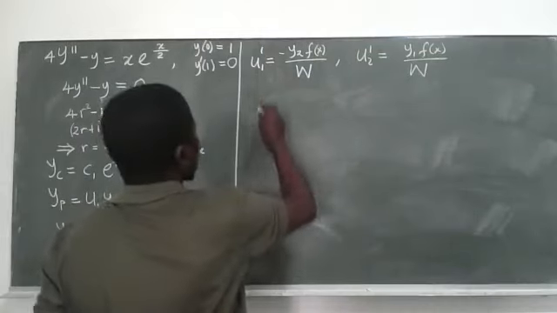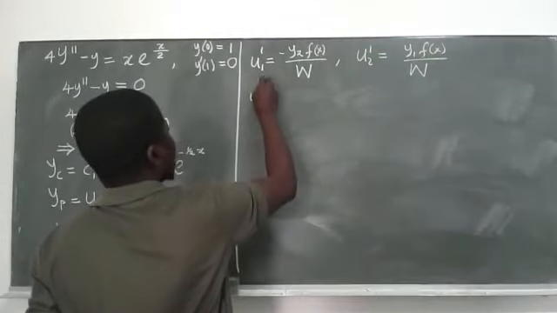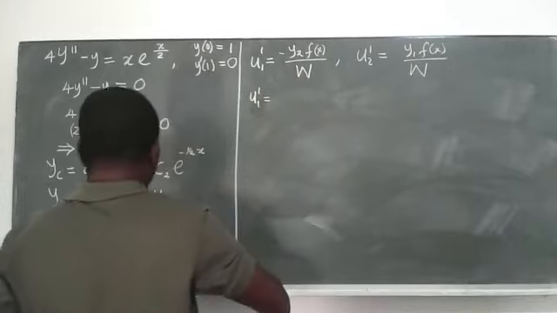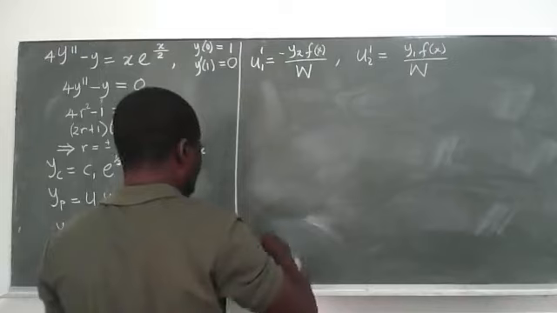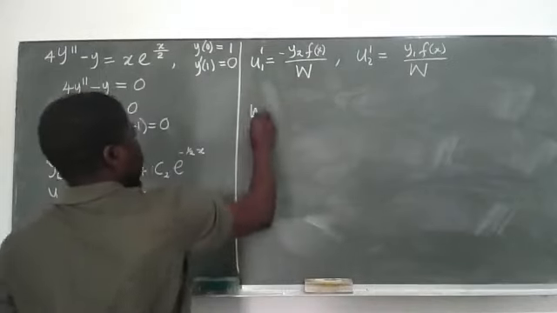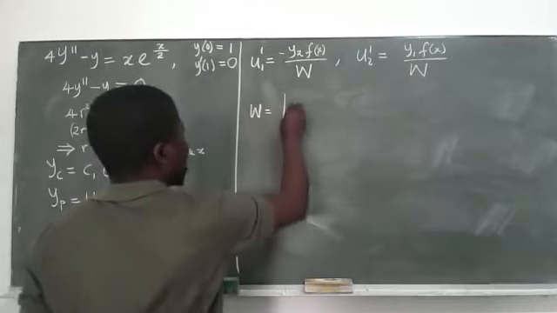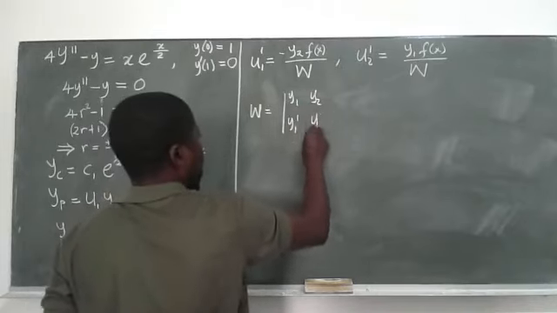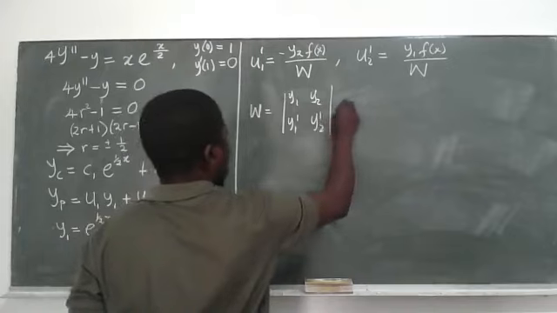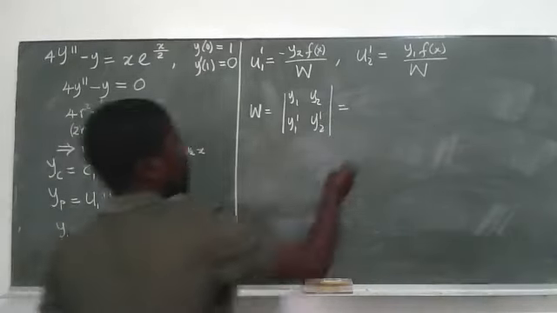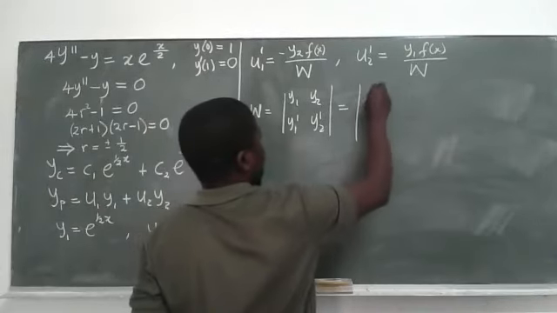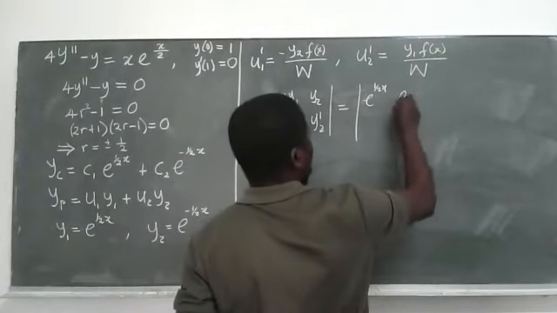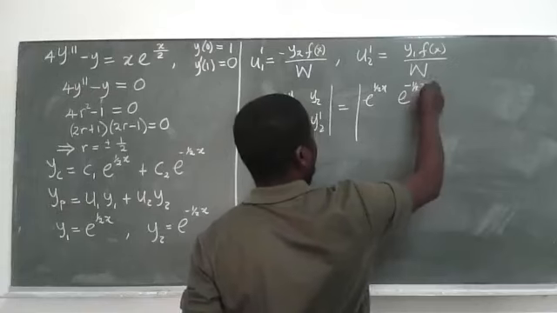So let's do that. U1 prime is equal to, okay, we need the Wronskian before we calculate U1. What is the Wronskian in our case? It takes Y1, Y2, Y1 prime, Y2 prime. Y1 is e to the power half of x, and Y2 is e to the power minus half of x.